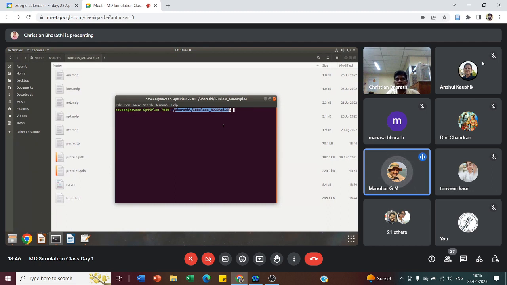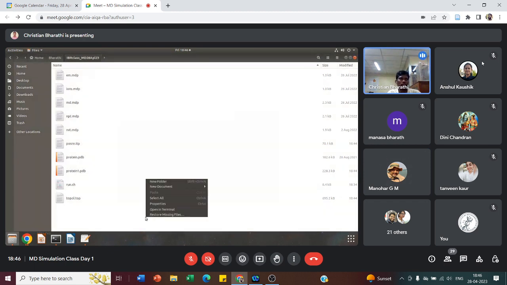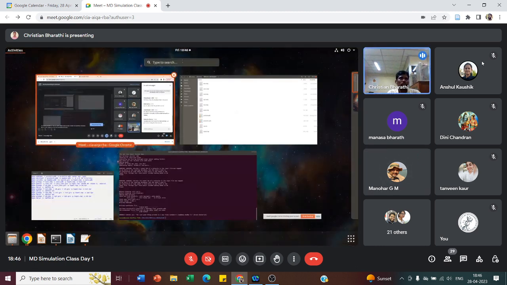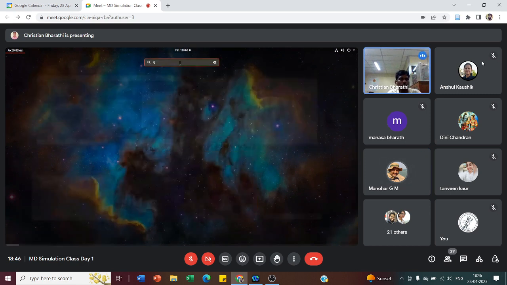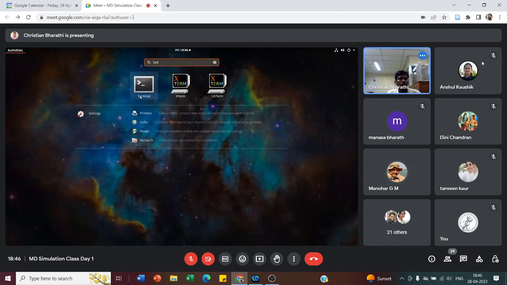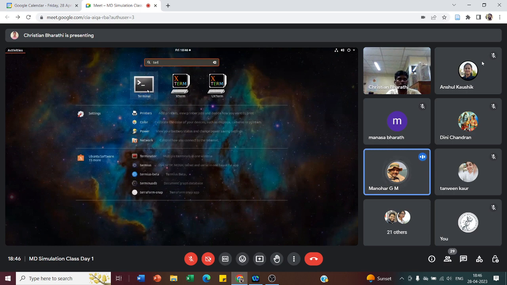Is there a way to open the terminal window in that folder? In some cases, if the OS has a terminal option, then simply you can open it like this. Otherwise, there will be a menu option. From there, you type terminal, and it shows the terminal.